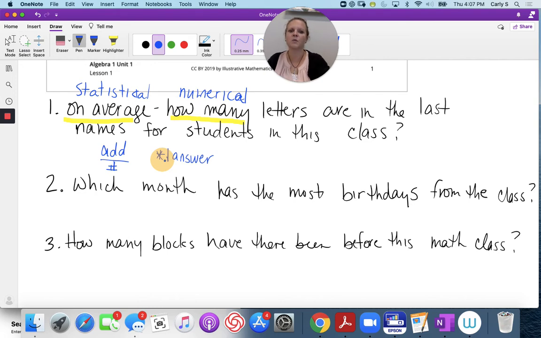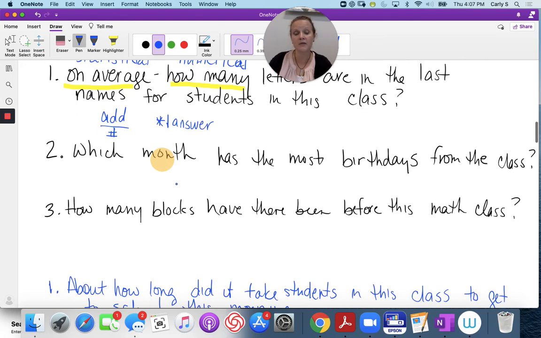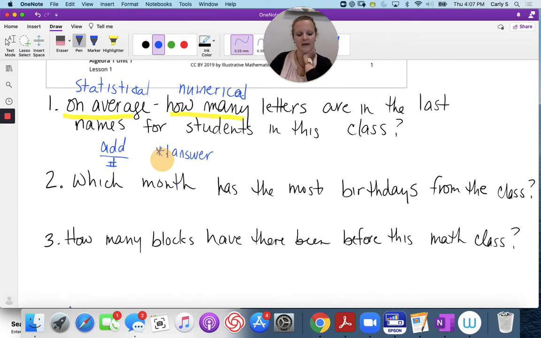Now the next one, which month has the most birthdays from the class? Well, this one is categorical, because I can't get a number answer, but it's also statistical. It is a statistical question, but it's categorical.